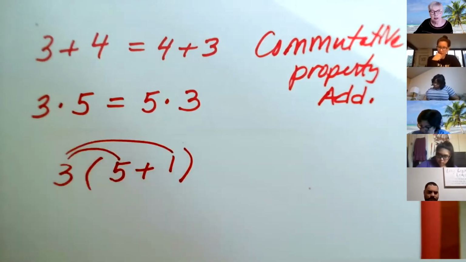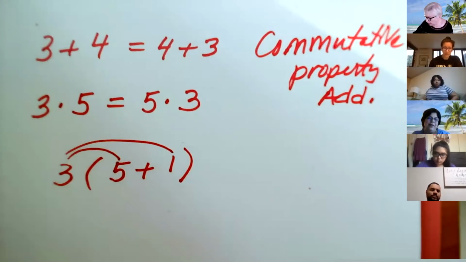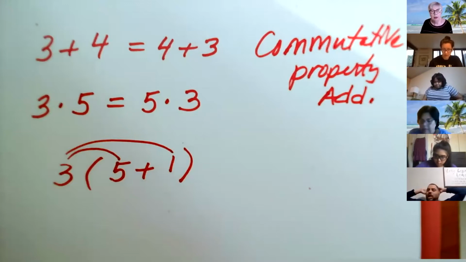So it's 3 times 5, which is 15, plus 3 times 1, which is 3. And that's the distributive property.